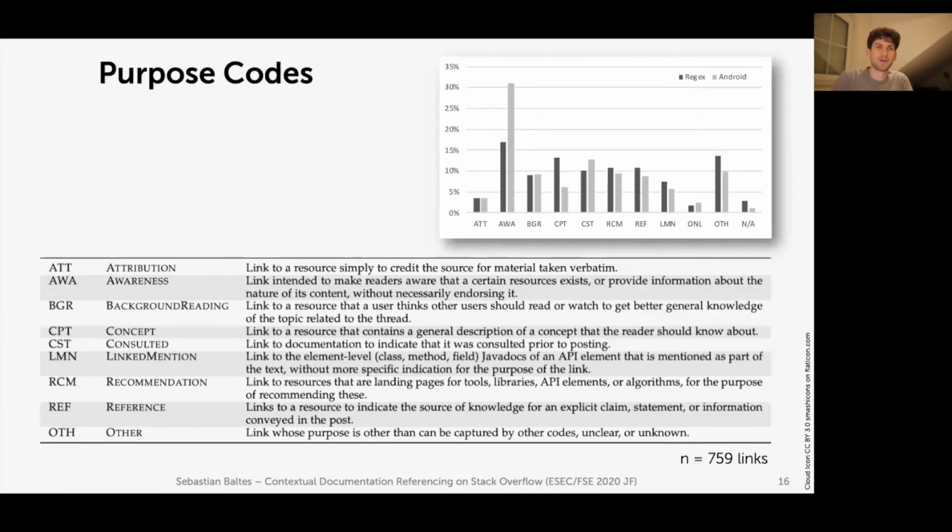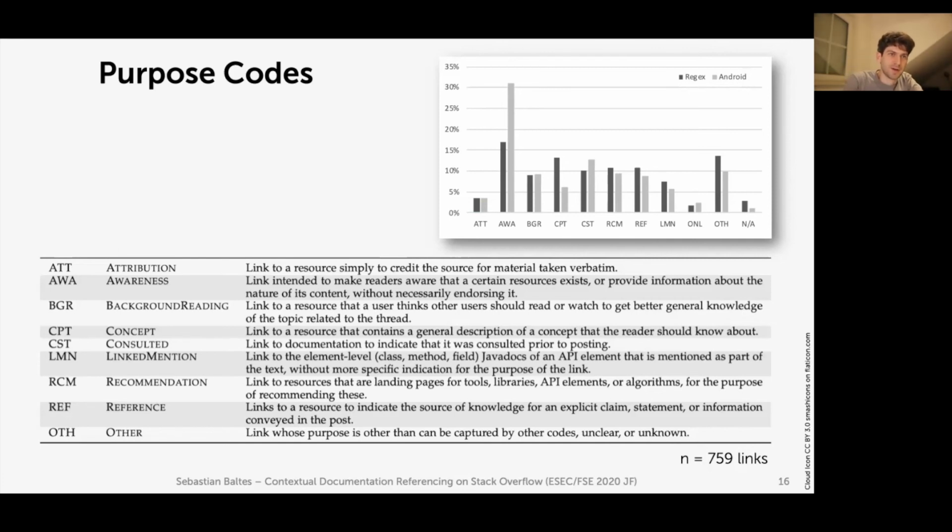For purpose codes, we had quite a few. For example, a purpose could be providing a definition or explanation of a concept that was mentioned in the thread, or a specific recommendation to use a certain API or framework, for example. And what we see here in the bar chart is that there was a significant difference between the purposes we saw for the 2 cases.